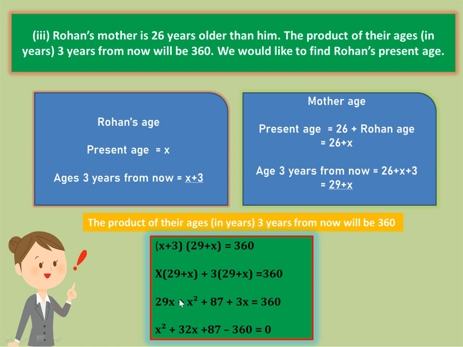If you know how to multiply directly, you can multiply. Now multiply: 29x, here x is x square, here just multiply, it becomes 87, and here 3x is equal to 360. After simplification you will get this equation. You can simplify this one. Once again, it's a quadratic equation. We have to simplify for the x.